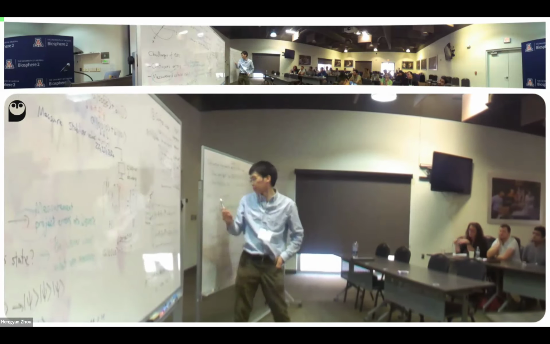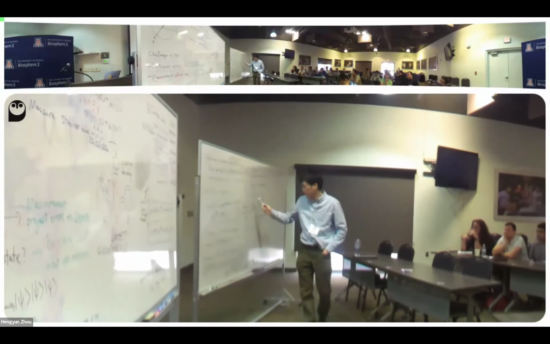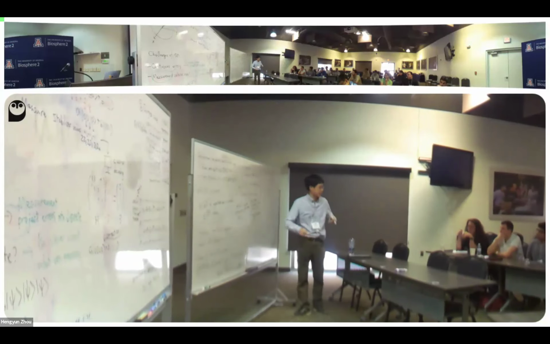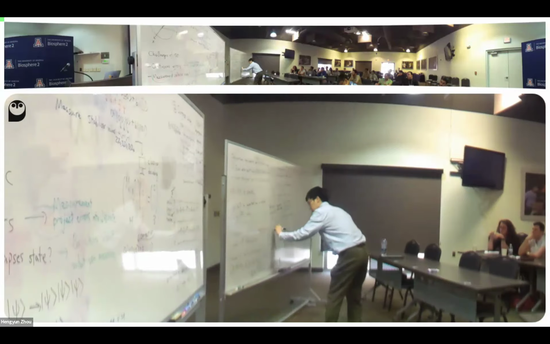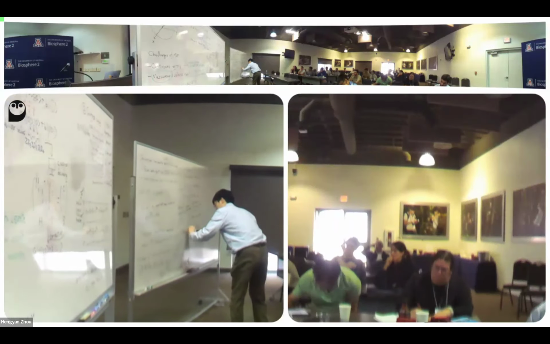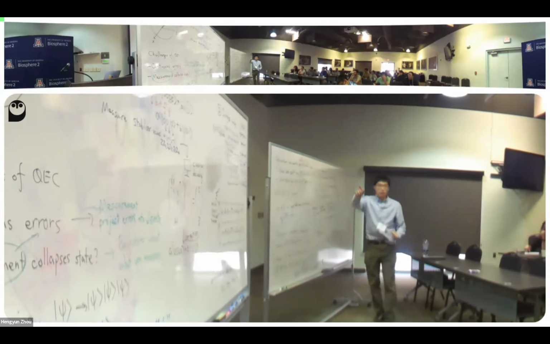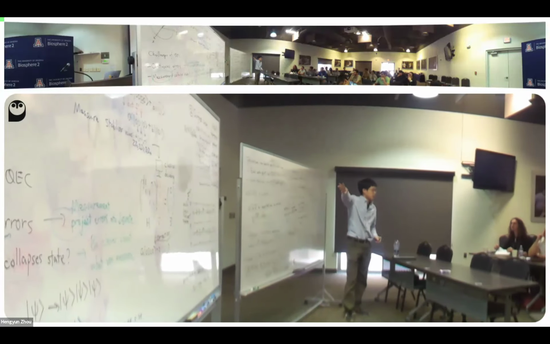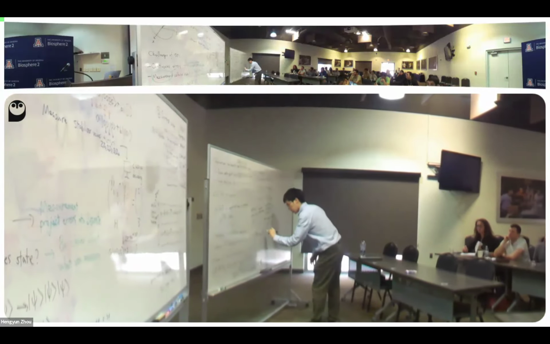I mentioned this hypergraph product and the quantum LDPC codes. And now that I've told you this notation, I can say a little bit more about why people have been interested in it. So for the surface code, and by the way, this is called the unrotated surface code. There's also the rotated surface code that uses roughly half as many qubits.